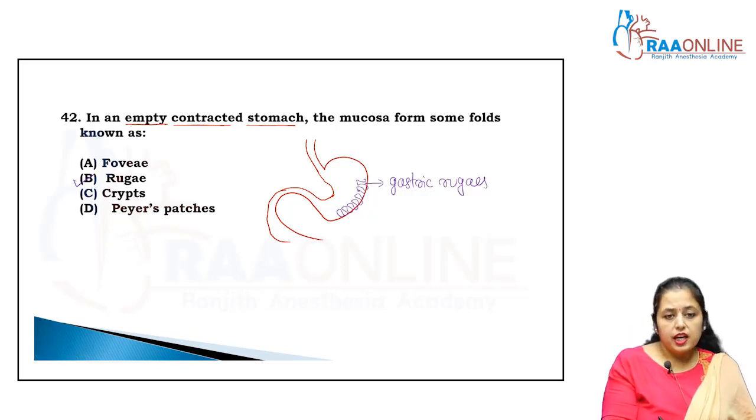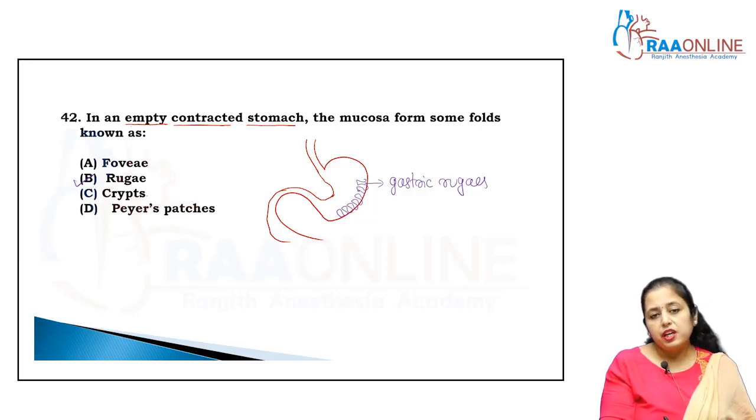Fovea is present in the eye, right? Crypts of Lieberkuhn are also folds of the mucous membrane, but they are present in the small intestine, not related with the stomach, right? They do not help in increasing the surface area. These are the mucus secreting glands, clear? But rugae help in increasing surface area for the storage of food.